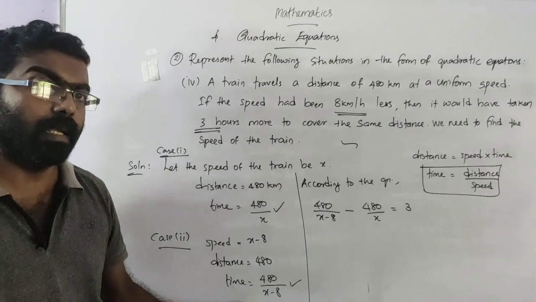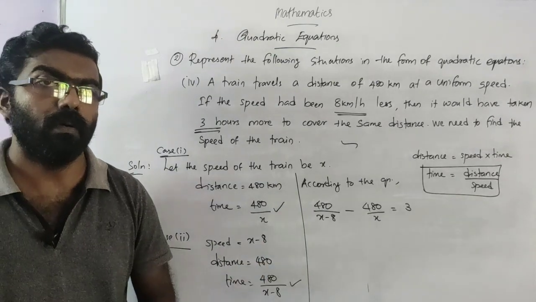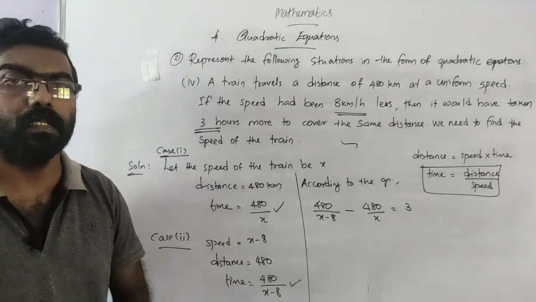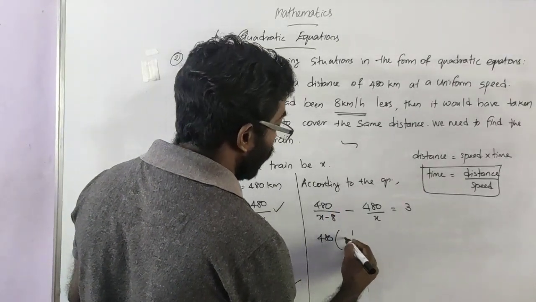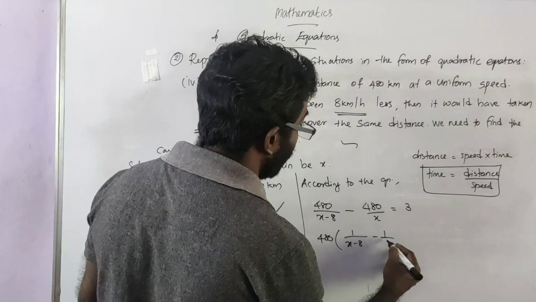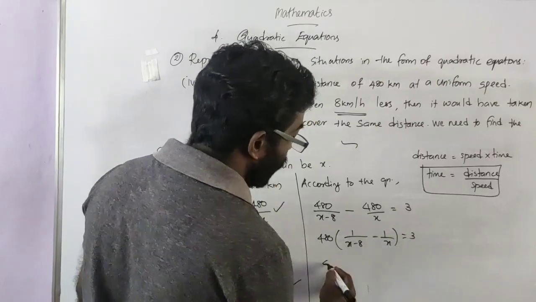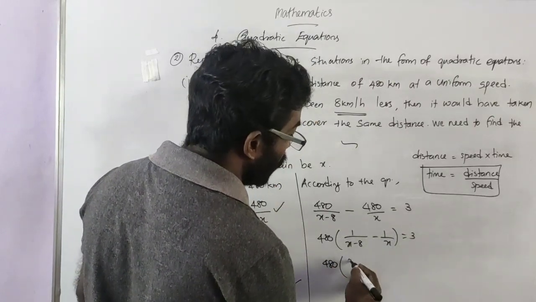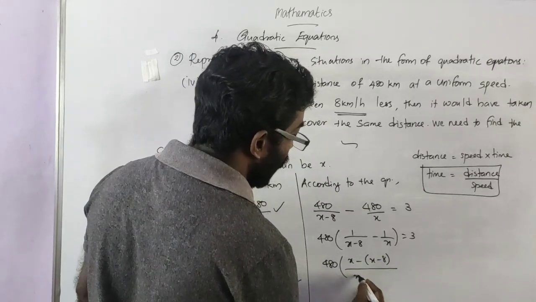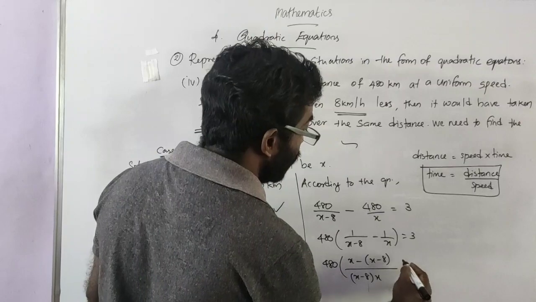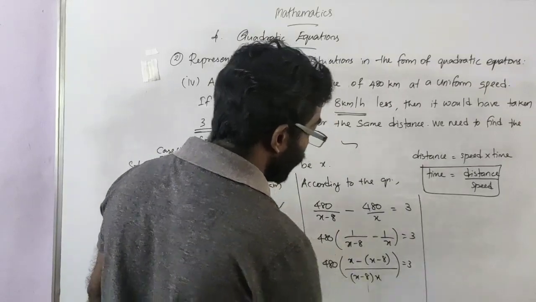Okay, so the second time is 3 more than the first one, or we can say the difference between the two is 3. Now we can take 480 common. So 480 into (1 by x minus 8 minus 1 by x) is equal to 3. That is 480 into, here we can cross multiply, (x minus (x minus 8)) by (x minus 8) into x, which is equal to 3.